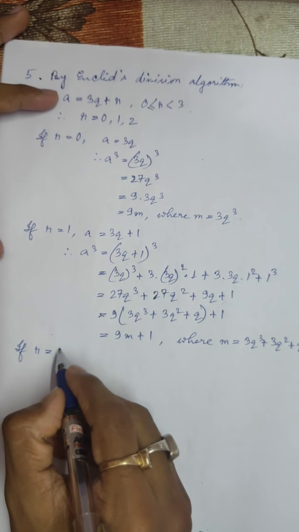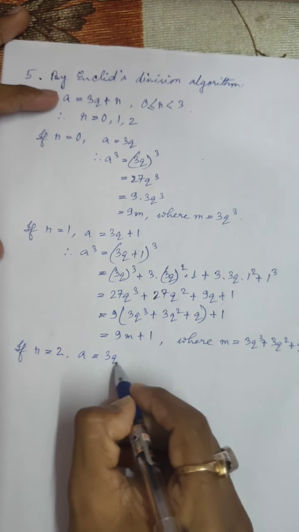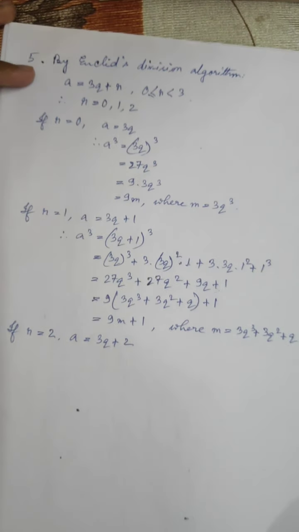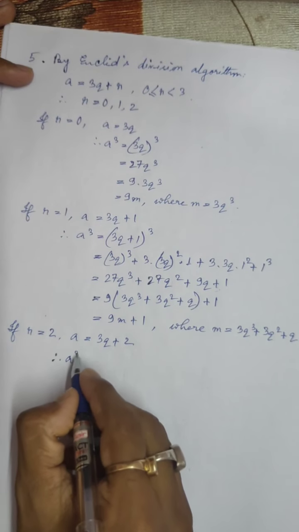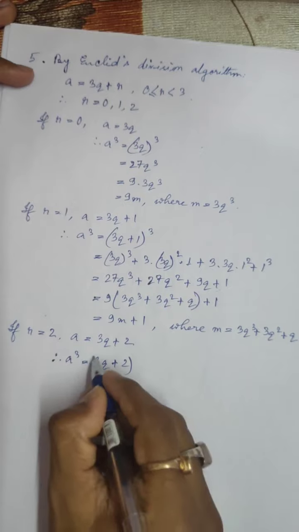Last one, if r equal to 2, then a equal to 3q plus 2. Therefore a cube equal to 3q plus 2 whole cube.